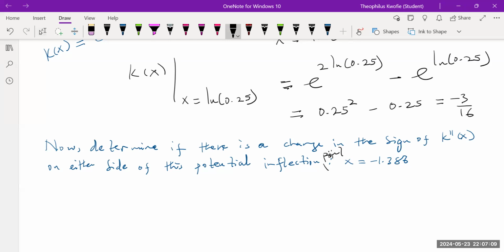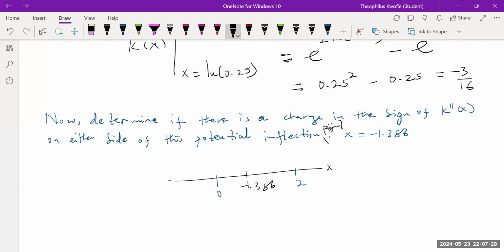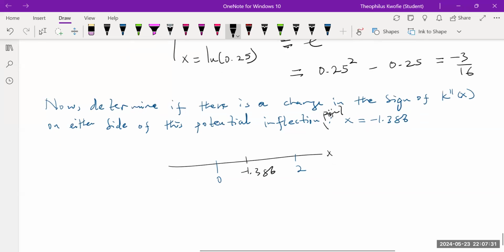Suppose that we are on a number line as this, and remember this is your x line, and then we are at negative 1.386. So we can pick some values here. Let's pick probably 0 here, and then let's pick 2 on the right side. Then we plug that into the second derivative and see what will happen. So for the test, we pick 0, then we plug it into the second derivative.